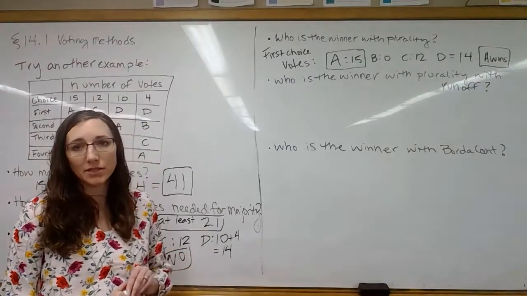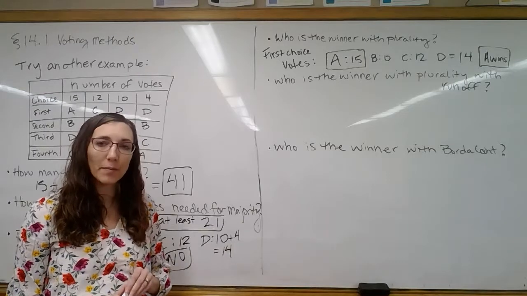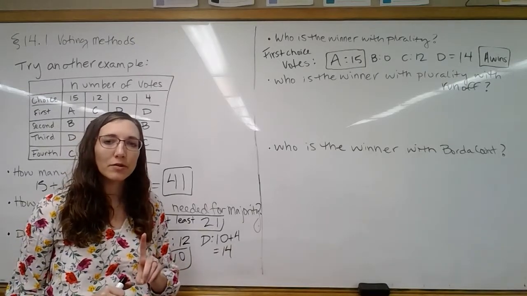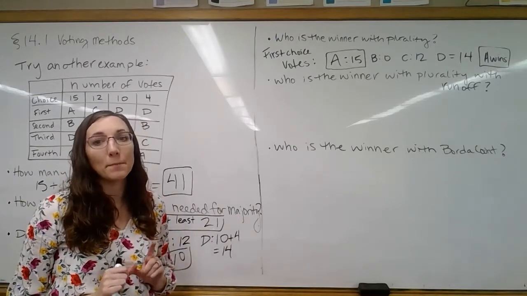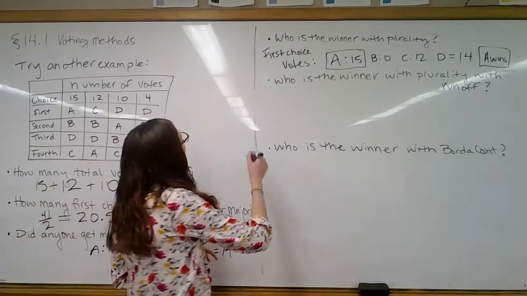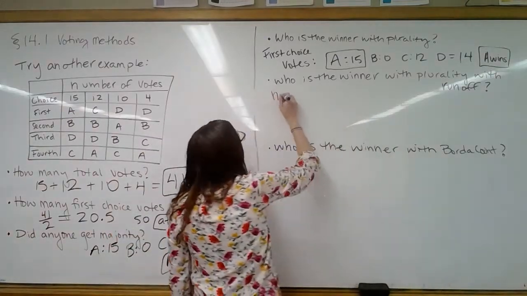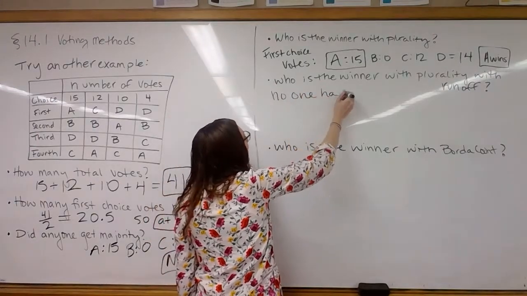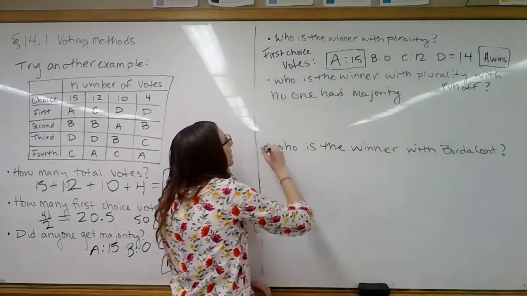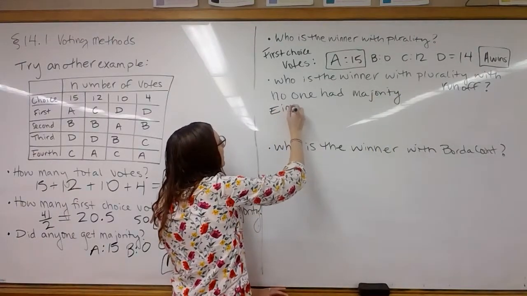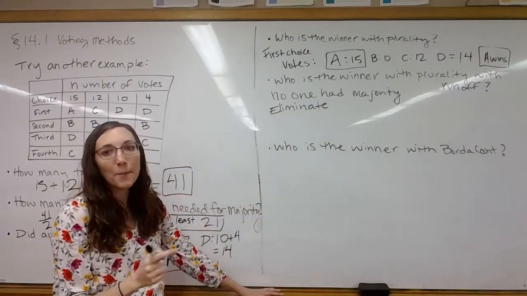So let's try a different method just to see what would happen. Who is the winner with plurality with runoff? Remember, what's the thing we checked first for plurality with runoff? The goal of plurality with runoff is to get majority. So check that first. Did anyone get majority? No, no one got majority. So then we're going to eliminate everyone except the top two.